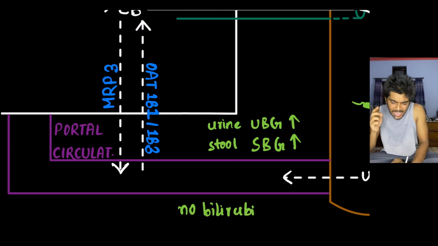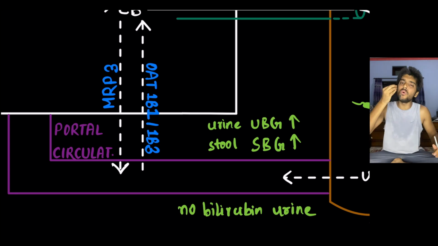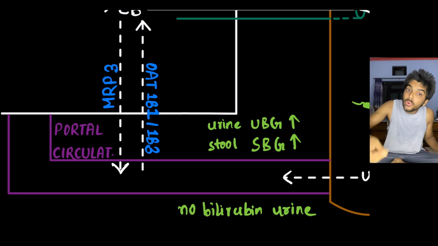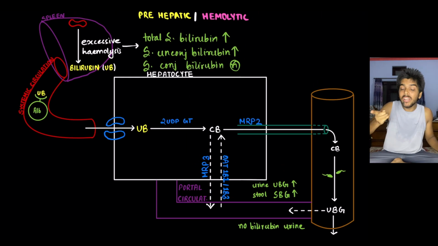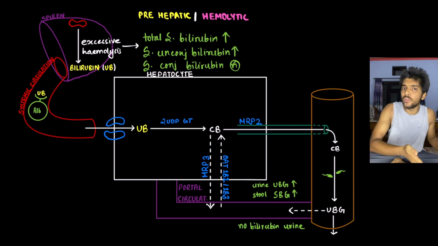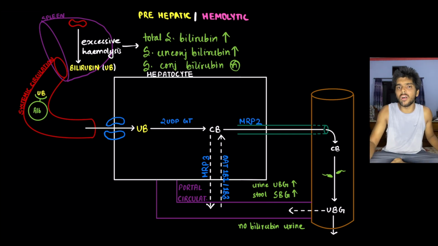Again, if urine has bilirubin, it is conjugated bilirubin, because it is only conjugated bilirubin which is water soluble and an excretable form that can be in urine. Unconjugated bilirubin can't be in urine. So in hemolytic jaundice, there is a rise in the level of unconjugated bilirubin in blood, and this unconjugated bilirubin will not enter the nephron, so it can't be in the urine. So urine does not have any bilirubin.